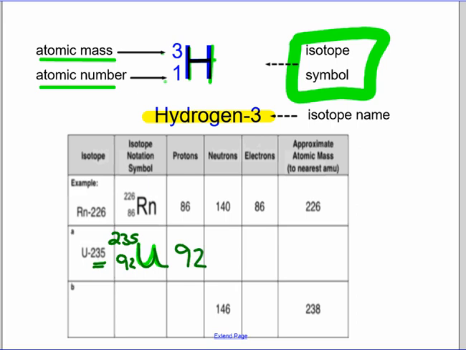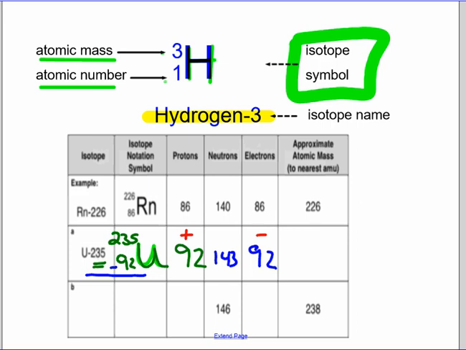To calculate the number of neutrons, I will subtract 235 minus 92. This leaves 143 neutrons in uranium-235. The number of electrons will always be the same as the number of protons, 92. This way, we have 92 positives canceling the charge of 92 negatives, and we have an overall neutral charge.